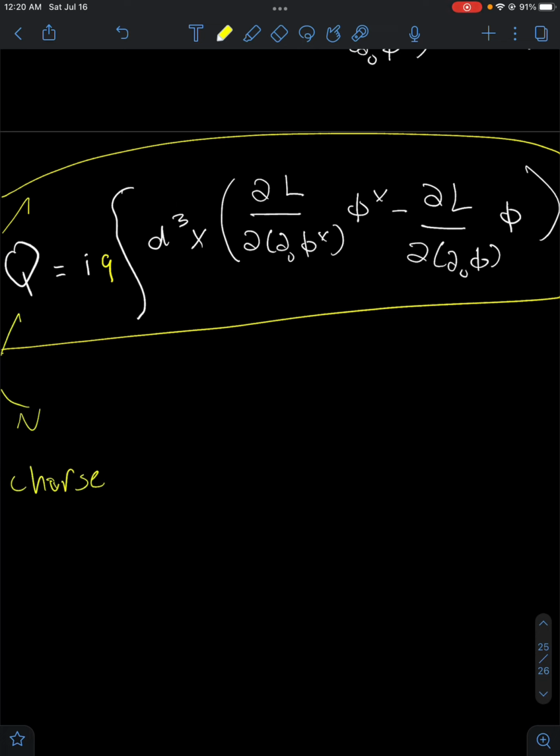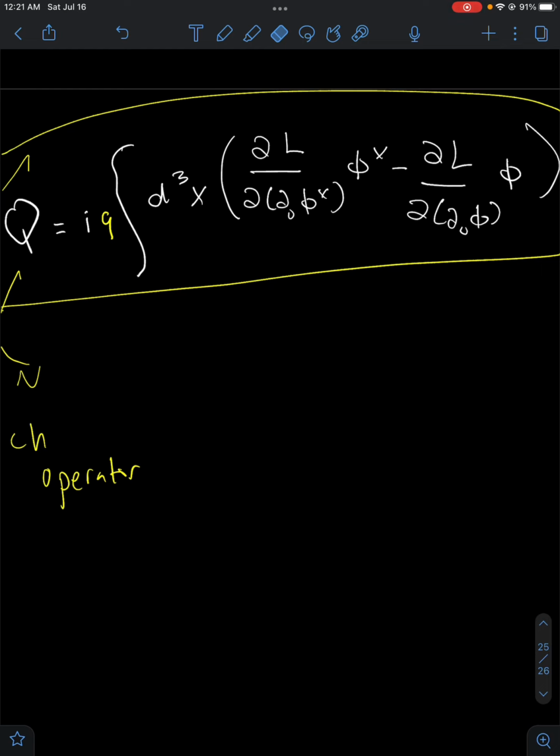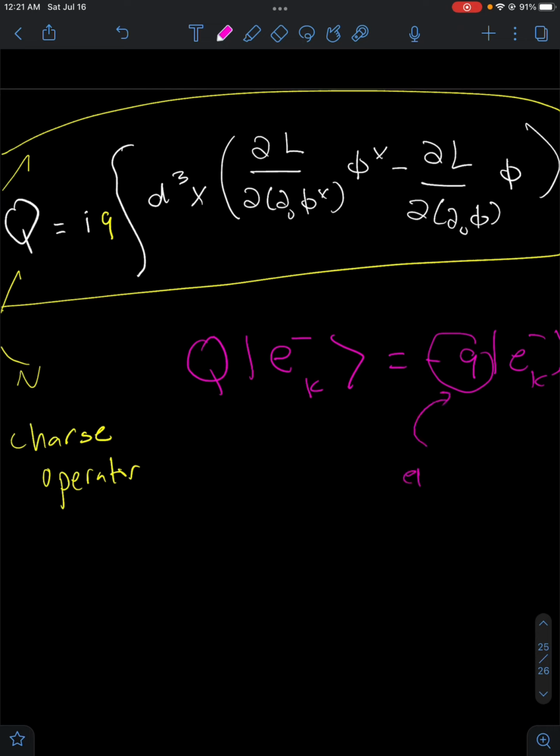And again, we'll see this when we hit second quantization. We call it the charge operator because it's going to act on, say, some electron state with some momentum k, and it's going to output minus q times that state, implying that minus q is the electron's charge, where q would be the elementary charge, right?